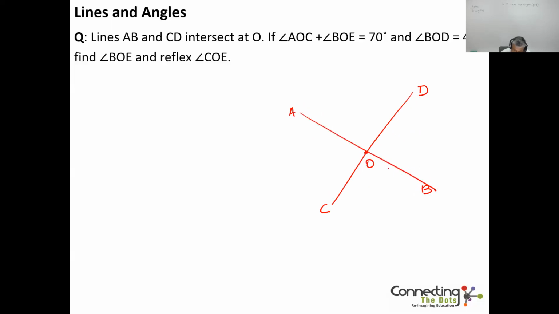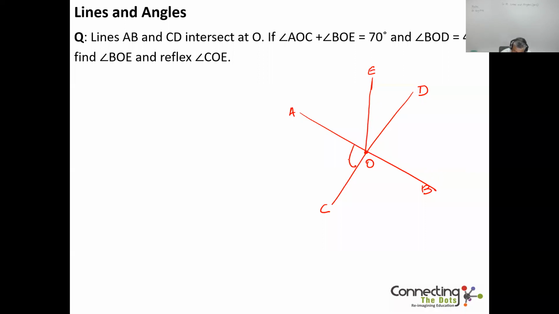So there is some angle E. Okay, some angle E it is given.